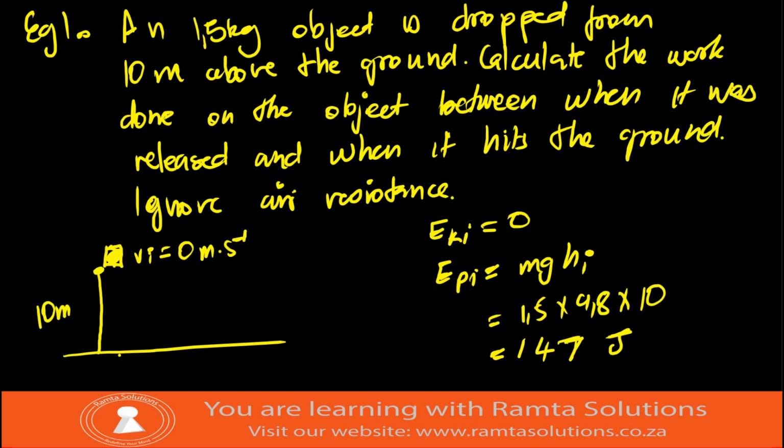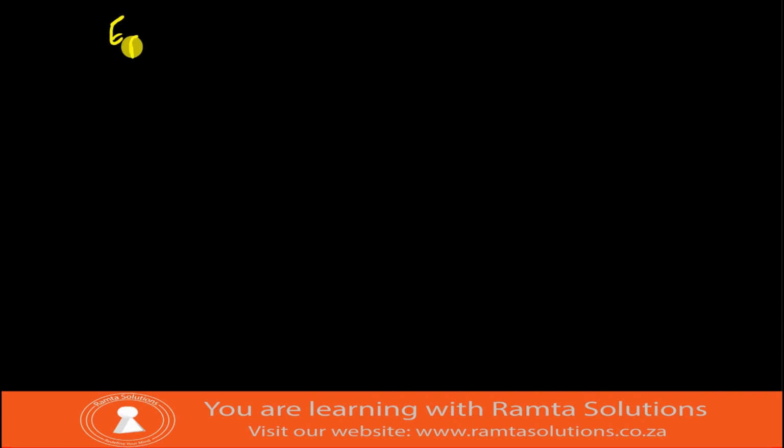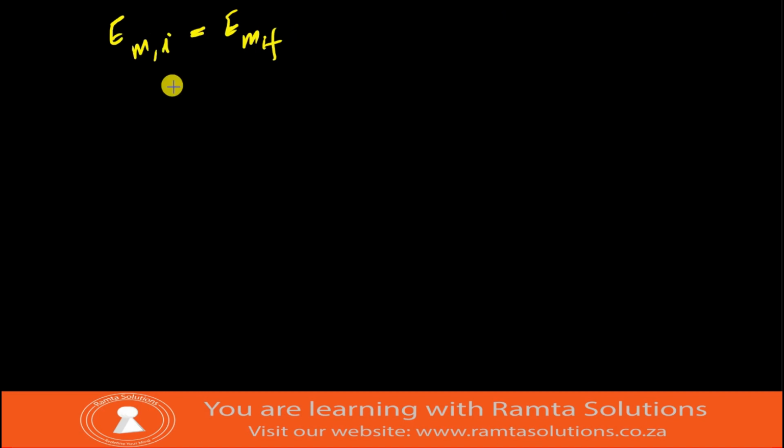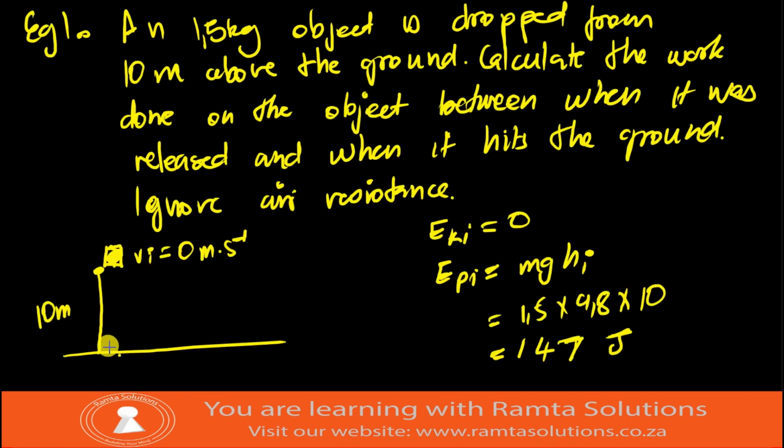Now moving on, EM initial is equal to EM final, right? Mechanical energy initially was 147 joules, so mechanical energy final is also 147 joules. What this means is that this is the kinetic energy, because potential energy at this point is 0.